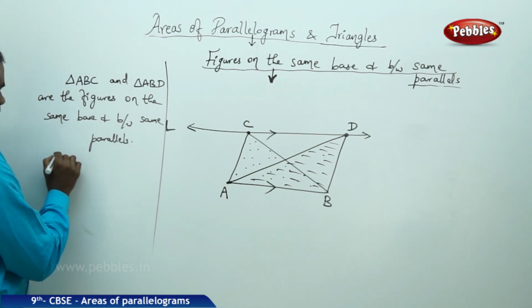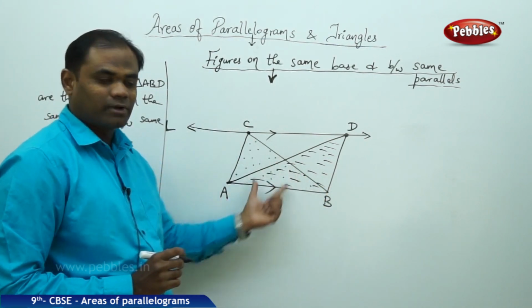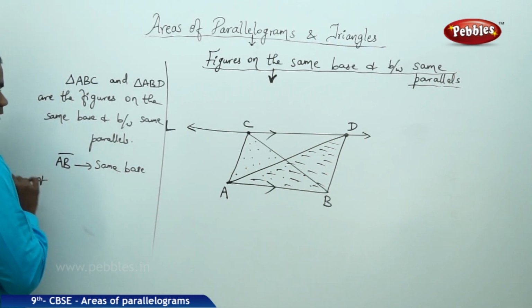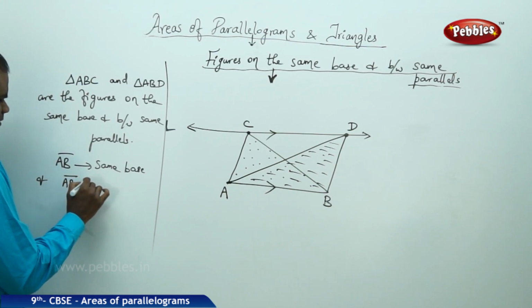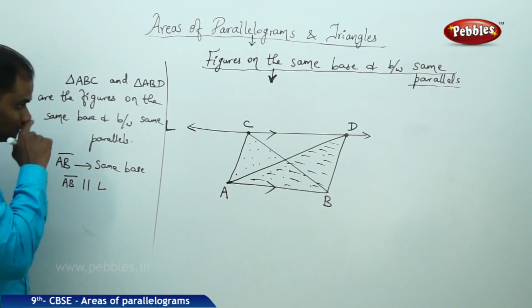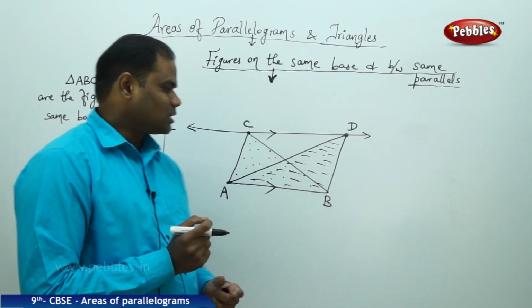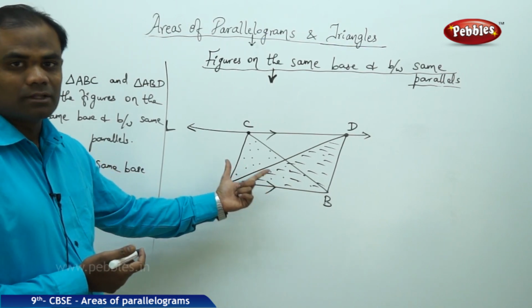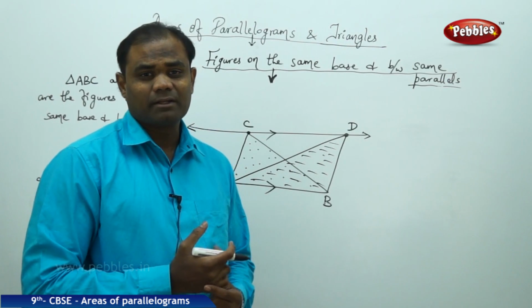Here AB, which is the same base for these two triangles, and the parallel lines are the base AB which is parallel to the line L. So these are the two figures between same base and same parallels.